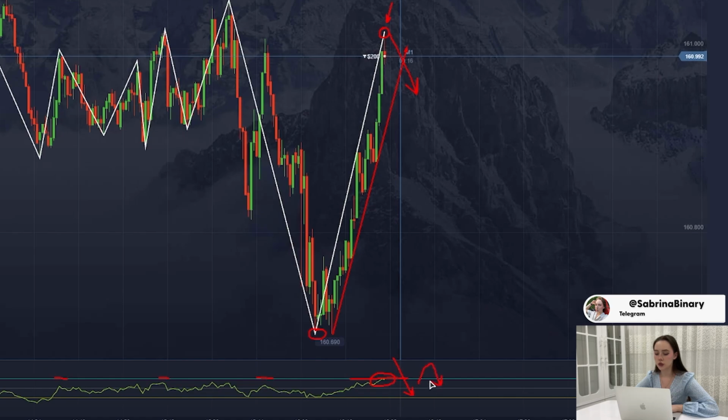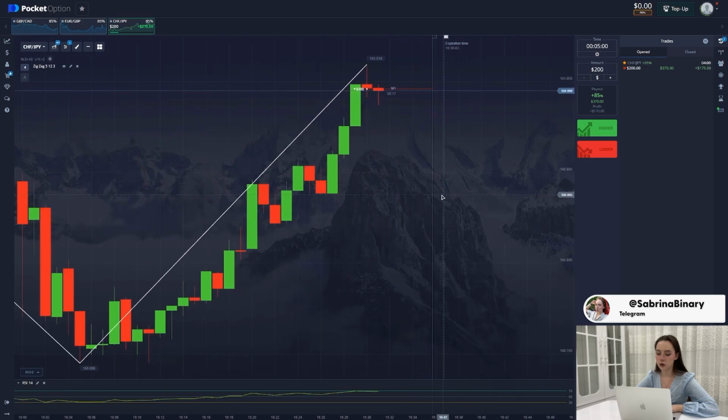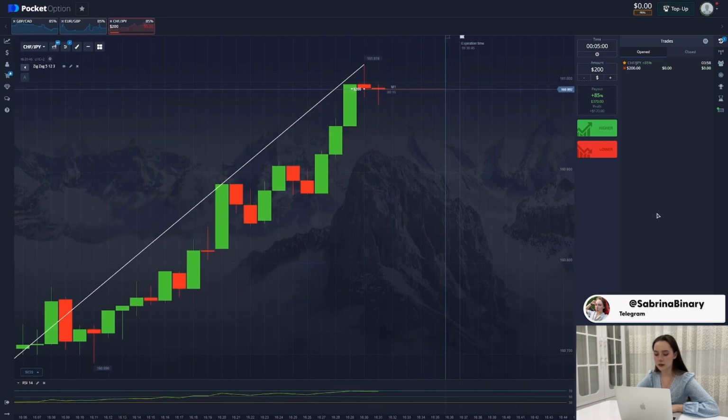There's still a lot of time before the close, and I have brought it closer to you, and we can see that the first candle after opening our trade will close in a few seconds, and you can see that it's really going down. Let's observe this candle.